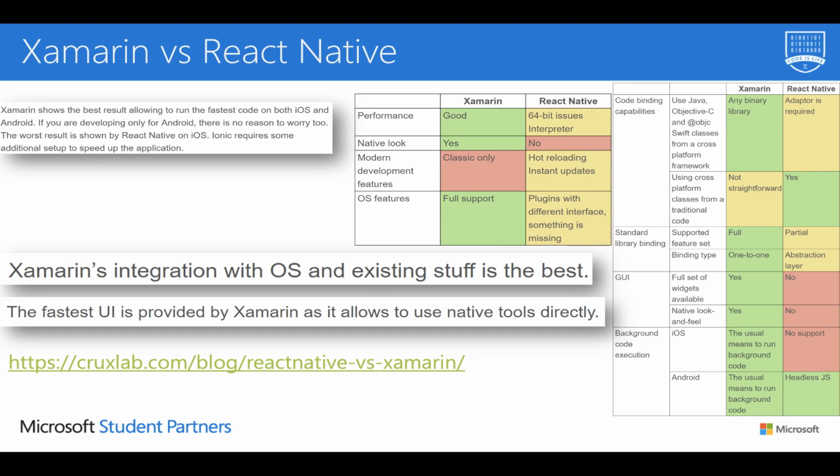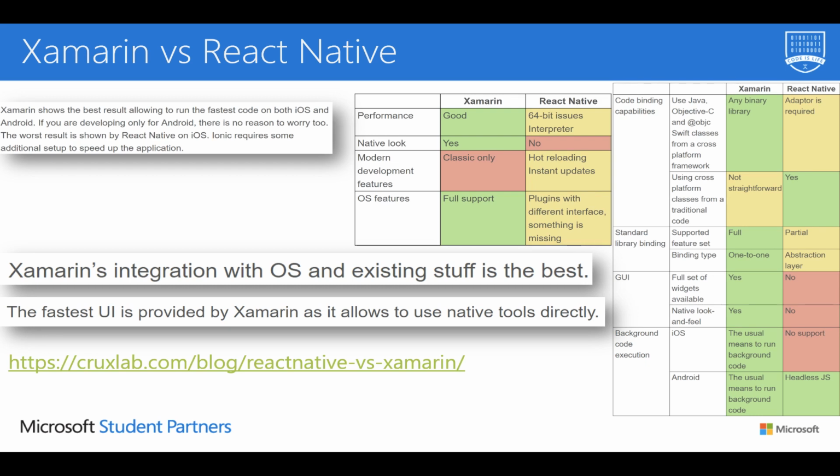And this is the comparison of Xamarin and React Native. This is the slide that you've been waiting for, I guess. And actually, you need to say that Xamarin shows the best result, allowing you to run the fastest code. I won't read this whole article, you can read it. I would like to keep your attention on the table.